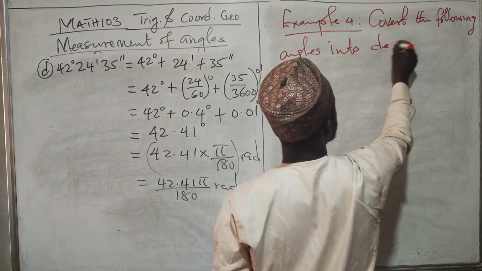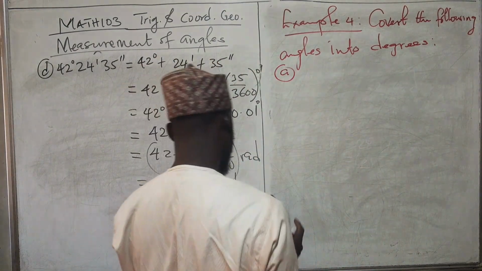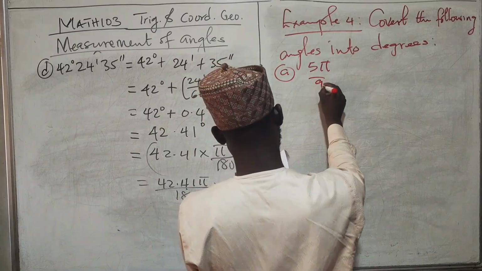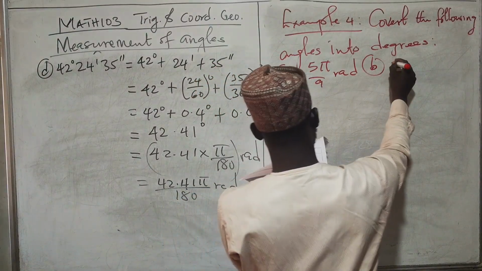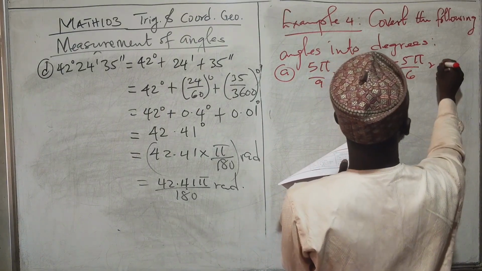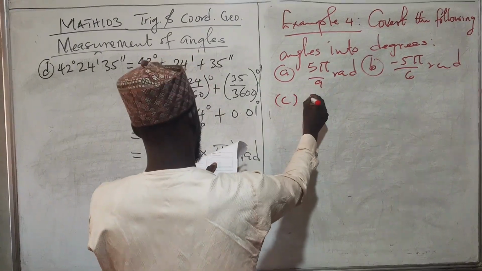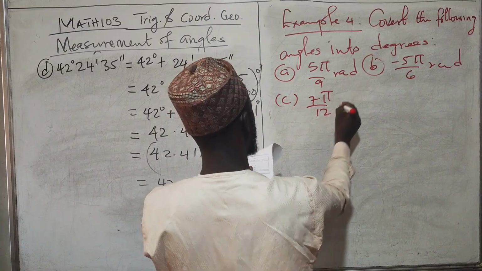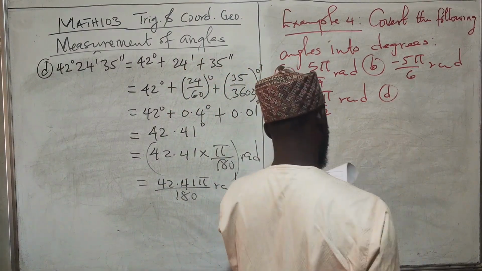A, we have 5 pi over 9 in radian. B, we have minus 5 pi over 6 in radian. C, we have 7 pi over 12 in radian. D, we have 4 pi over 3 in radian.